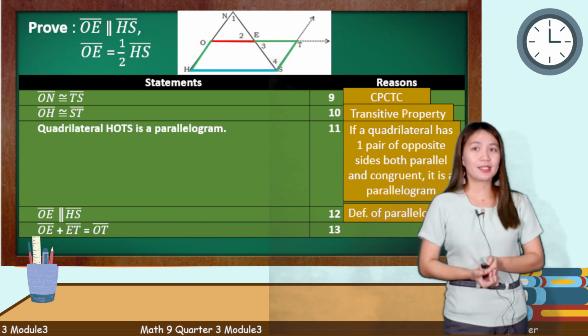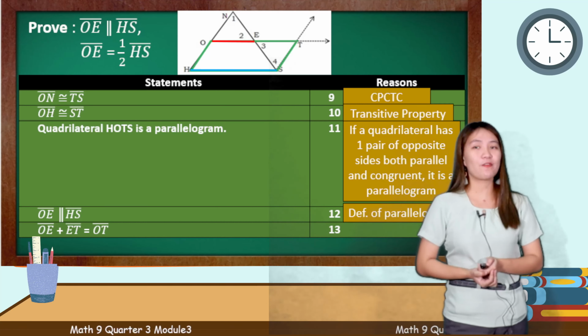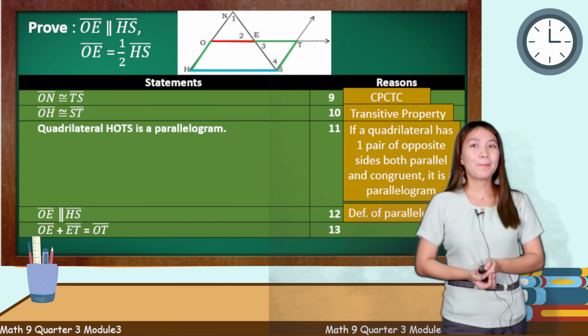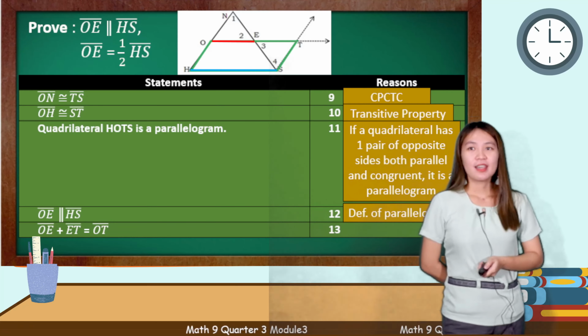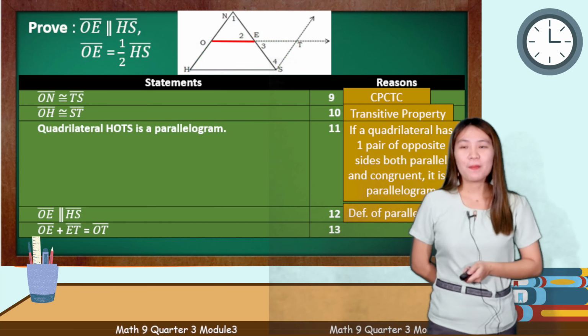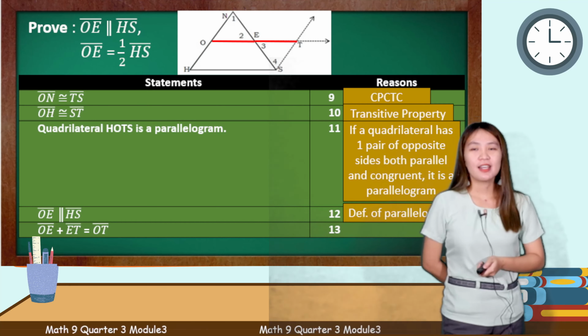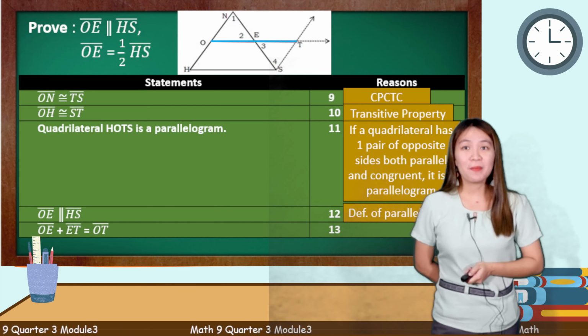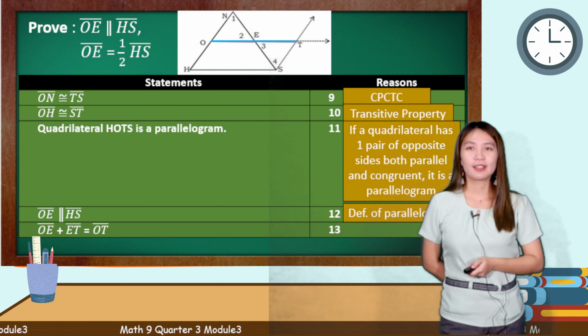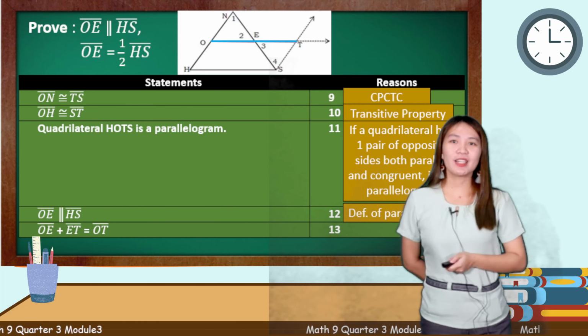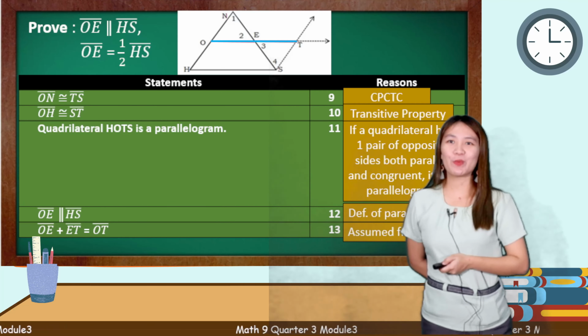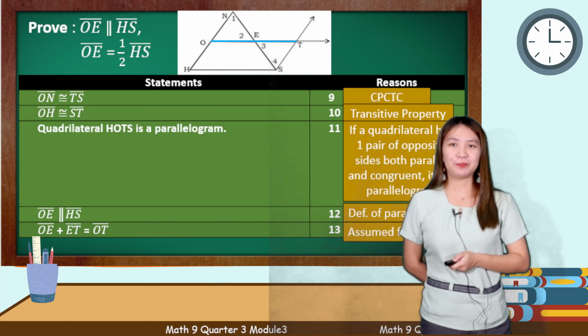Opposite sides, remember that opposite sides of a parallelogram are parallel. And for statement number 13, segment OE plus segment ET is equal to segment OT. What is the reason? So obviously it is being assumed from the diagram.